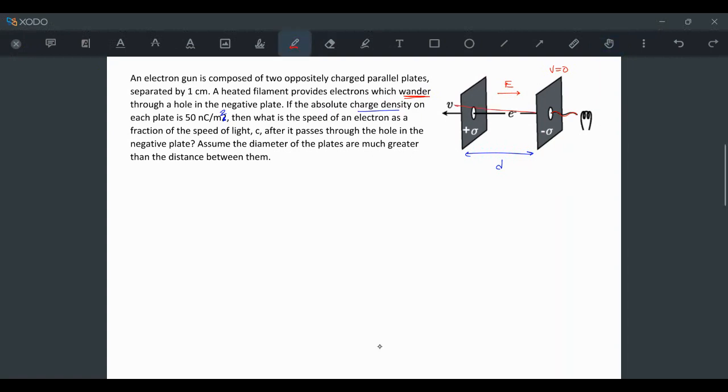So this electron picks up some speed, it accelerates because there's a force on it, and it ends up with some velocity v that is no longer 0. It's greater than 0. That's what's meant by an electron gun. By the time the electron emerges on the left side, it's emerged with some velocity. It's been accelerated.